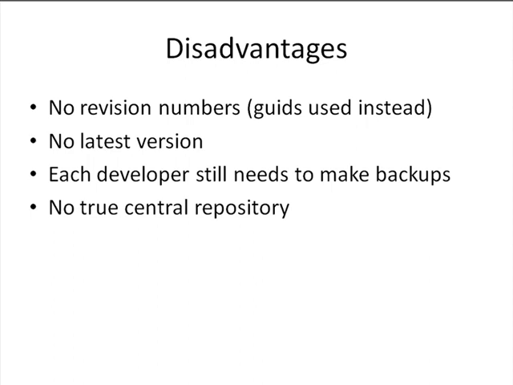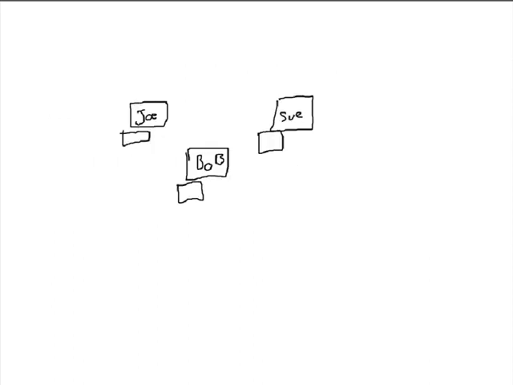Now, if we go back to a whiteboard example, where we have Joe, Bob, and Sue, it is possible for the maintainer of the project to actually create a separate repository, and this can allow Joe, Bob, and Sue to push changes to this one repository.